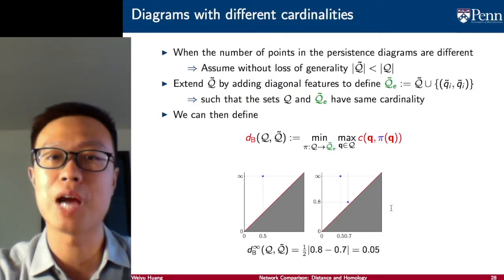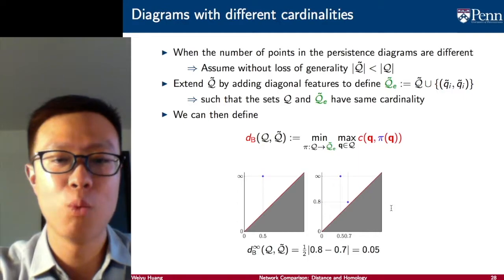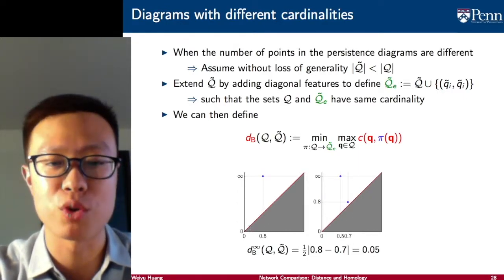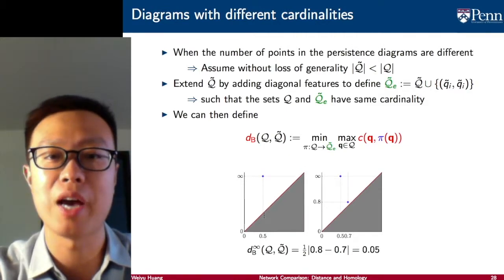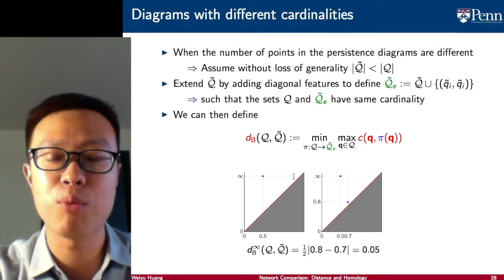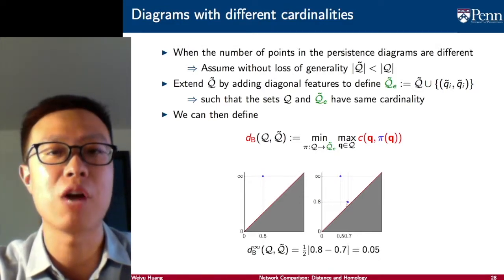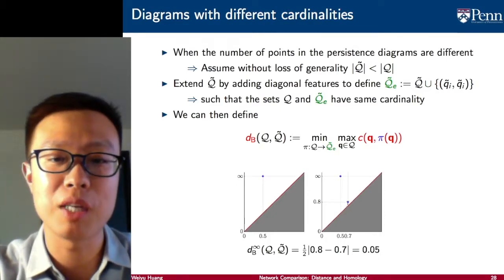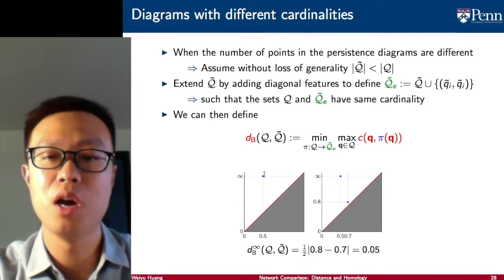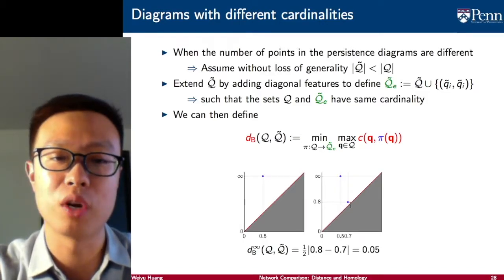When the persistent diagrams have different numbers of points, one way to handle this is to assume there are a number of homological features that are born and die at the same time for the persistent diagram with the smaller number of points. Therefore, any point in the persistent diagram with higher cardinality can either be mapped to an existing point in the other persistent diagram, or it will be matched to a diagonal point.